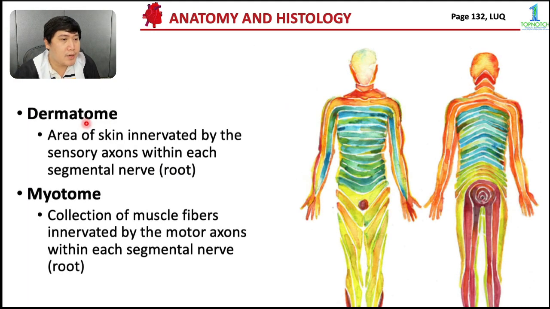Another concept in your spine is your dermatome and myotomes. Your dermatome is the area of skin innervated by the sensory axons within each segmental nerve root, while your myotome is a collection of muscle fibers innervated by the axons within each segmental nerve root.